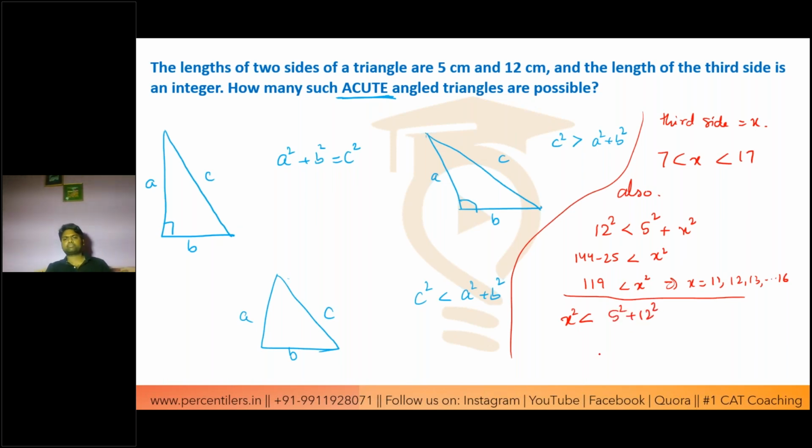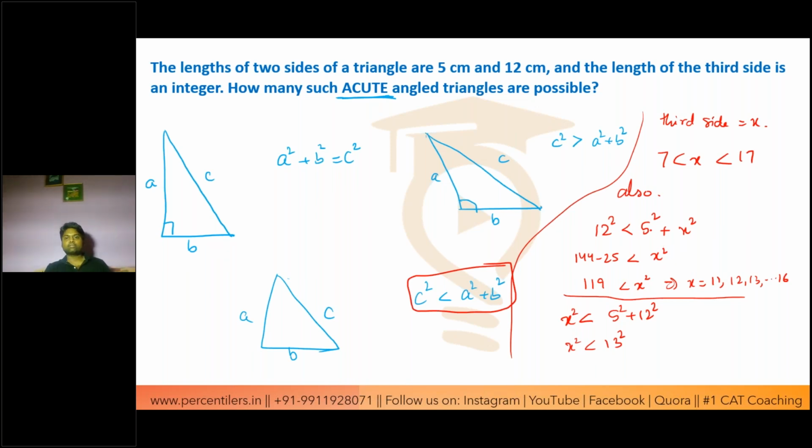है ना? X square should also be less than 13 square. भाई सारी साइड्स के लिए होना चाहिए ना. If it's an acute angle triangle, so this is valid for any of the three sides. Any side should be smaller than the sum of the squares of the other two sides.